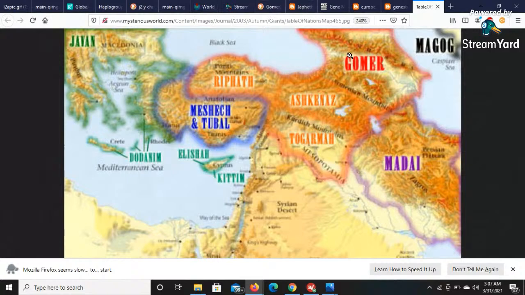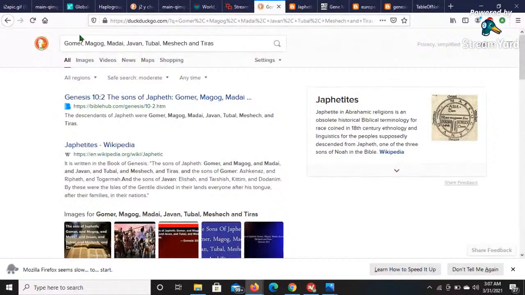Gomer, Madai, Meshach, Tubal. Magog is not a name. Oh, it is a name. Gomer, Magog, Madai, Meshach, and Tubal. Tiras. Javan and Tiras could be extinct.